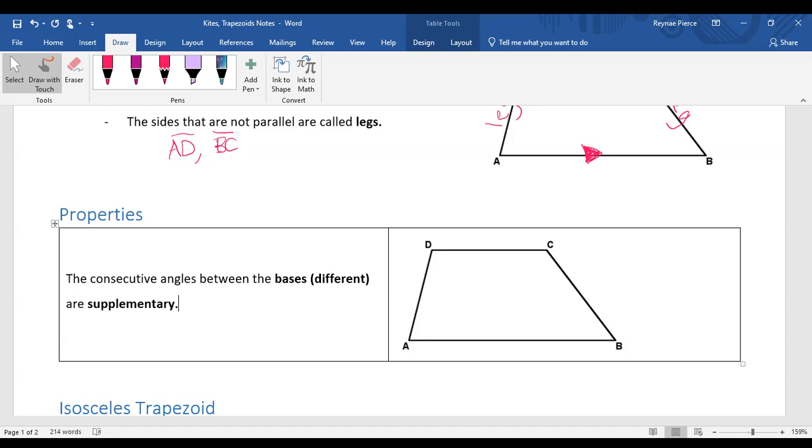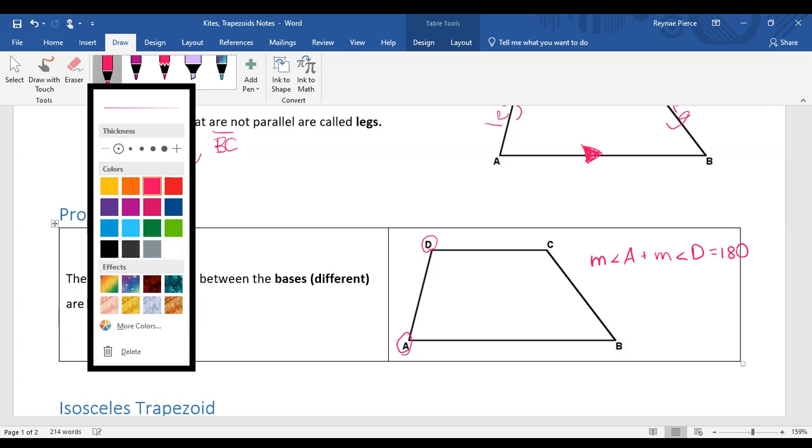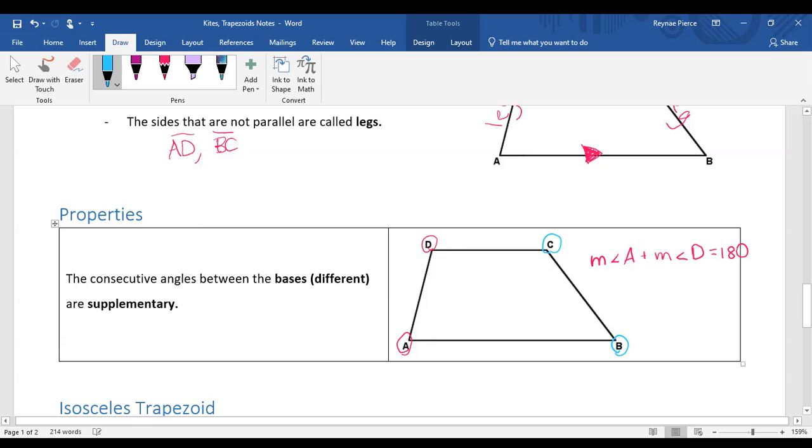What that means is angle A and angle D, their sum is 180 degrees. And same thing for angle B and angle C. Those are consecutive angles that are between the bases, but their sum is also 180 degrees. That's what it means to be supplementary.